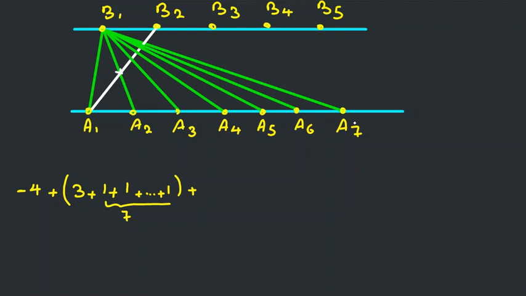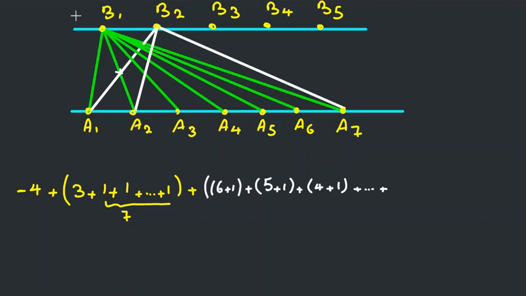So A2 to A7 is 6 intersections, so 6 plus 1. The second line intersects A3 to A7, which is 5 intersections, so 5 plus 1 regions. The next one is 4 plus 1. And up to the last one, if you connect to A7, it doesn't intersect any line inside, so it will be 0 plus 1.